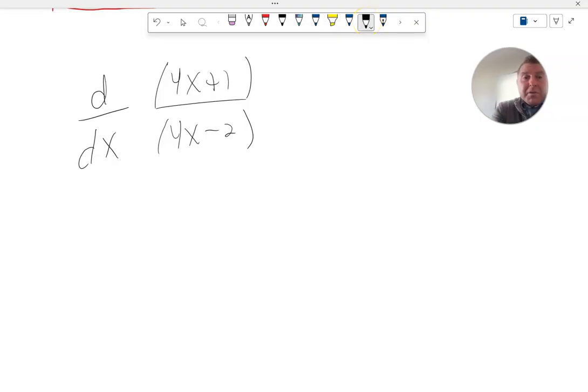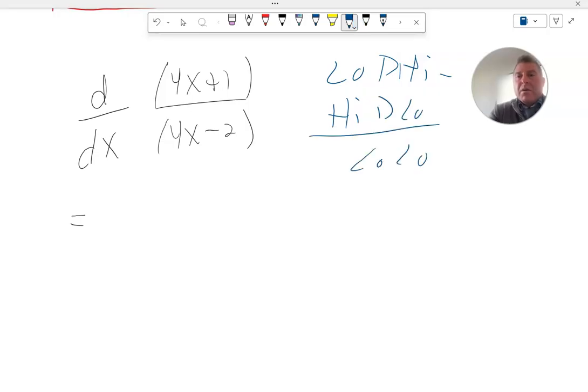And what the quotient rule says is it's going to be, and I'll write out my intentions, and I remember as low d high minus high d low, all over low low, right? So the quotient rule says, look, if I'm going to derive this quotient, it's going to be low, which is the bottom. So I'll write that in parentheses.